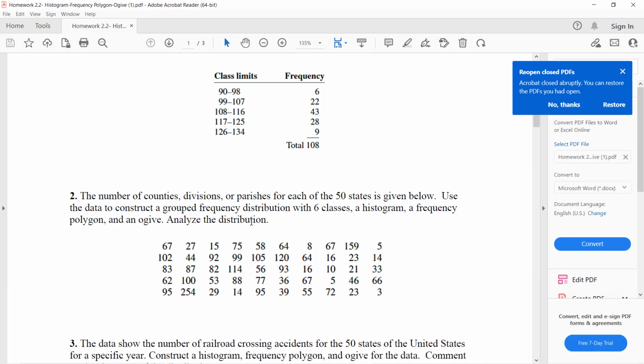Is that our highest one? It looks like it. We have a 3 and we have a 159. Let me verify that. Let me grab the data here so I can show you what that looks like.